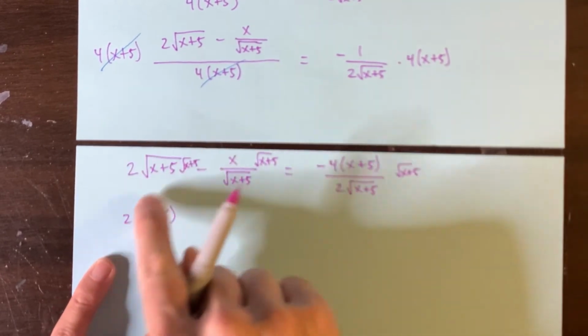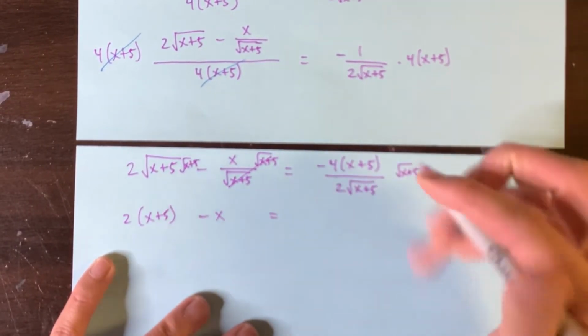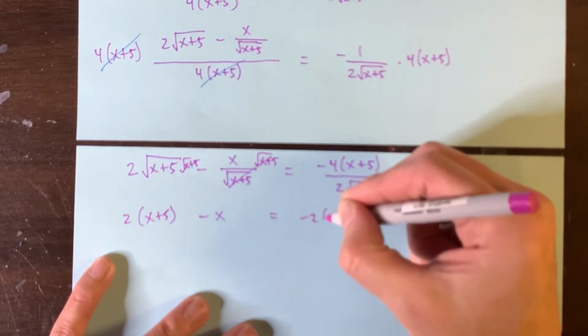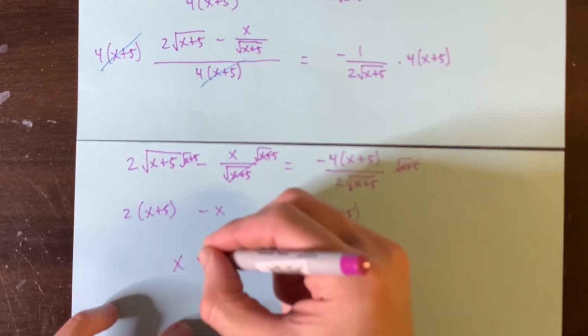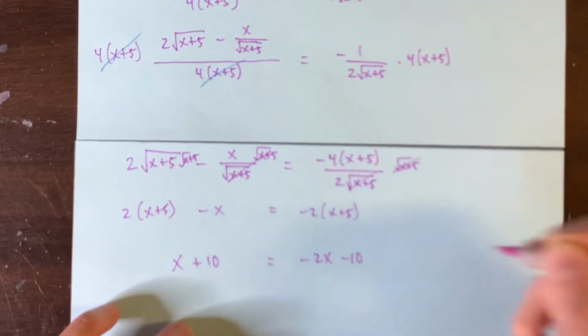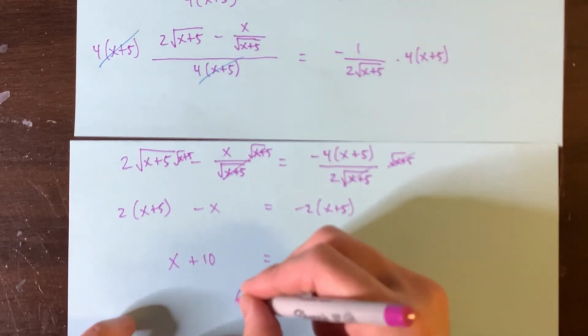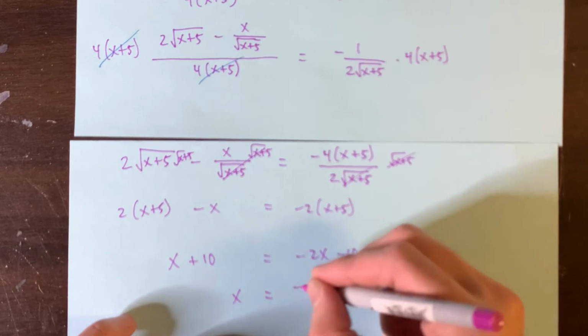And so 2's there, that is this. These are gone, so it's minus x. These are gone, so it's negative 2x plus 5. And so we have x plus 10. I'll let you see the math there, like that. And what is this? This is x equals negative 20 over 3.